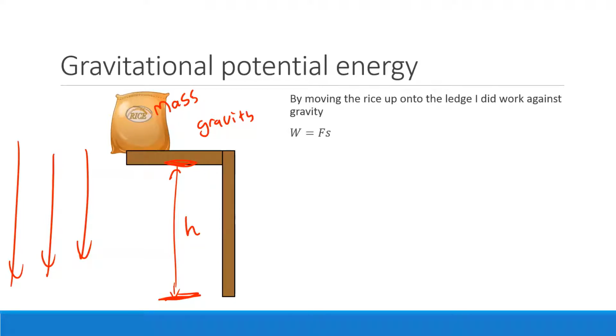Work equals force times the displacement s. We know that the force is mg, because force is equal to mass times gravity. So the work done on this bag of rice is the mass times gravity, because this is the force, multiplied by h, because that's our displacement, how high we're moving it up. It's just a different way to explore that idea of work. We're putting energy in, which is equal to the mass times the gravity times the height.